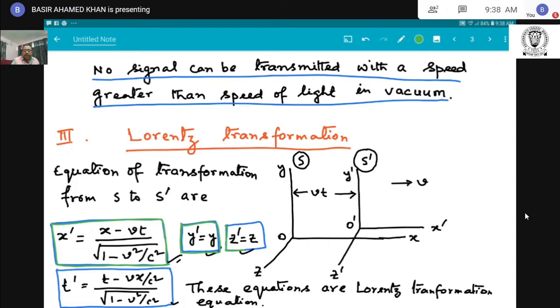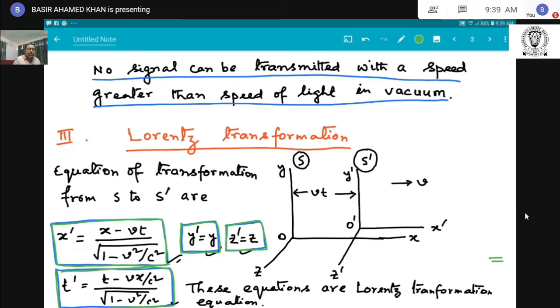These four equations are the Lorentz transformation equations. These equations are the transformation from S to S dash frame.